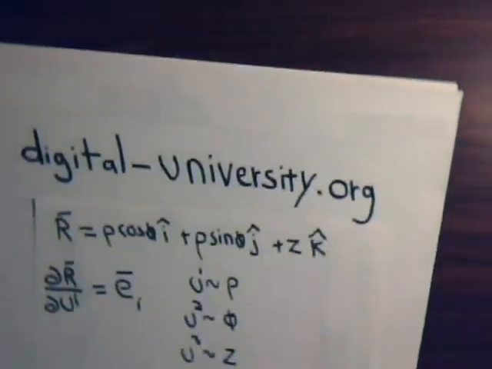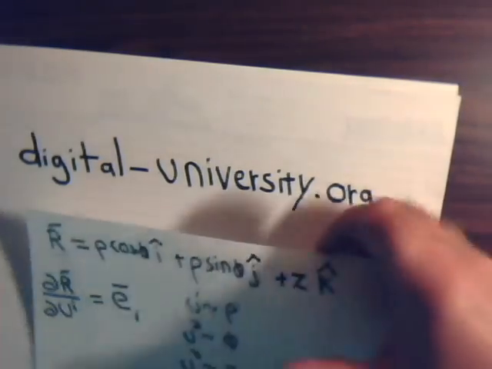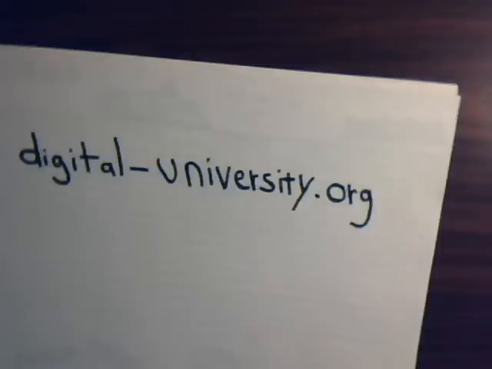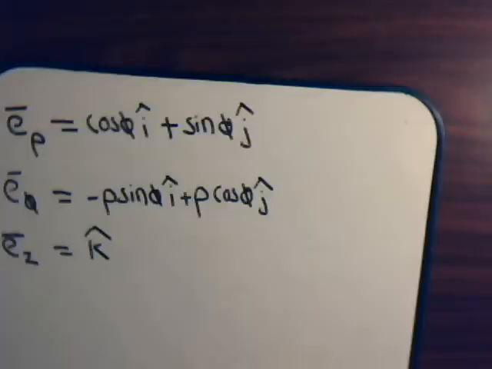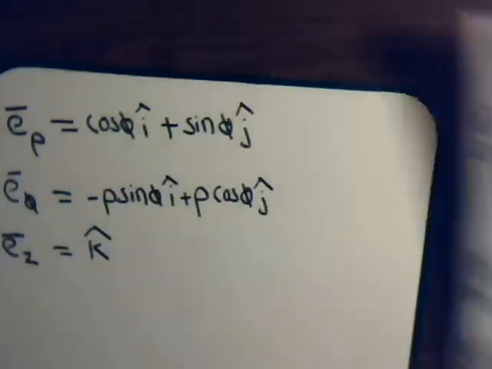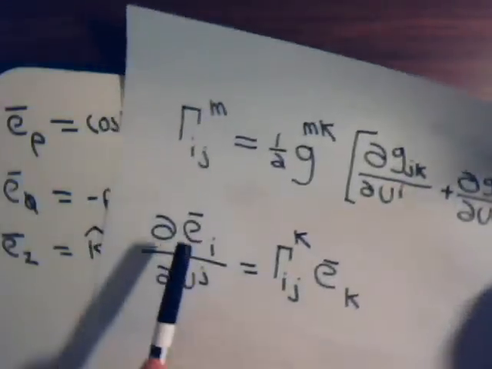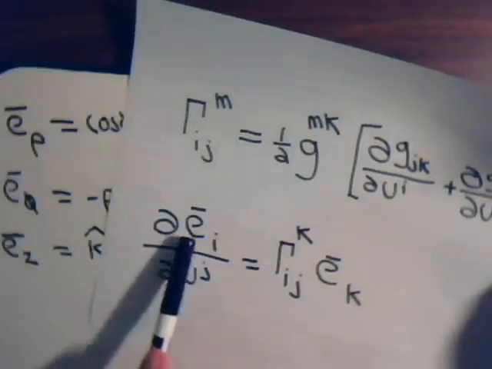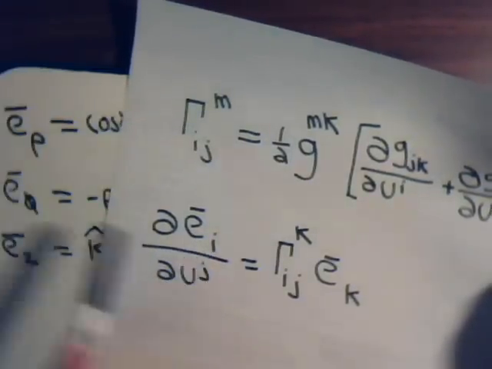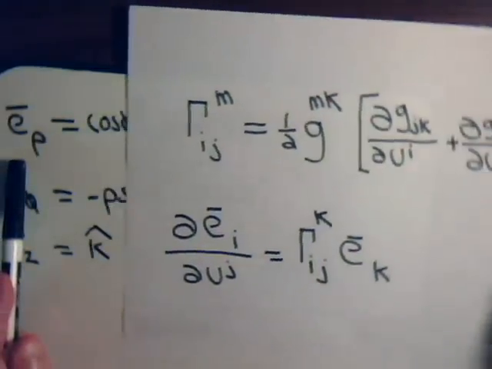Now, what we want to do is take partial derivatives of these. We want this one. Okay, we had i equal 1, that will be E rho, right here.